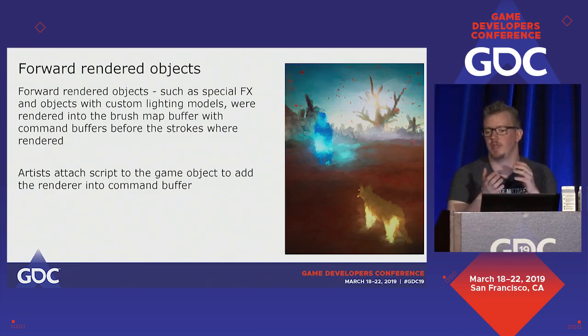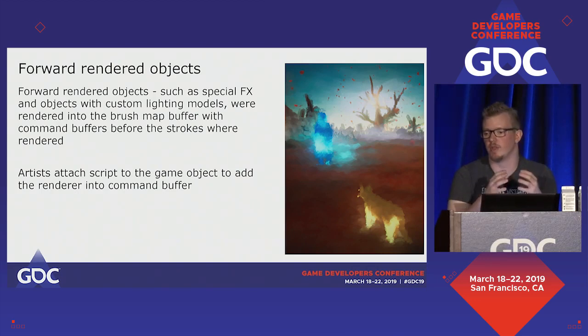Some objects would be forward rendered. If we have something like a special effect shader that was used in certain sequences, they have their own lighting going on, so they can't be rendered as part of the regular deferred pass. And this also meant that they would have to be rendered into the brush buffer separately.